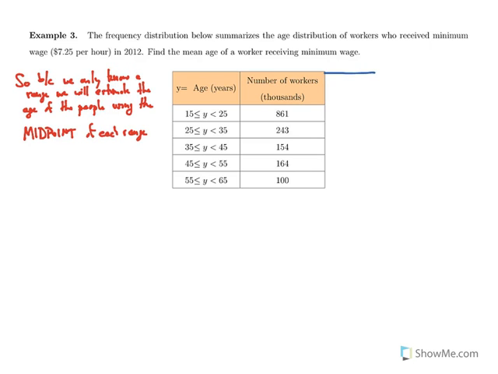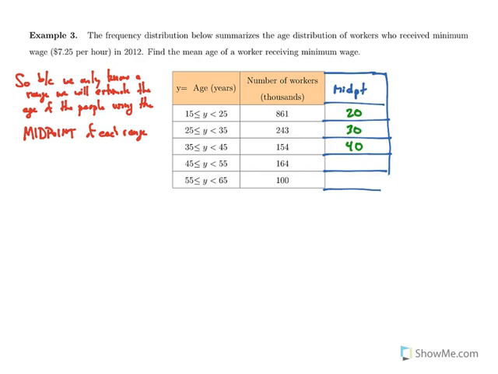So let's add another little column here. This will be our midpoint. So the midpoint of each range, in between 15 and 25, is going to be 20, 30 for the next, 40 for the third, 50, and 60.